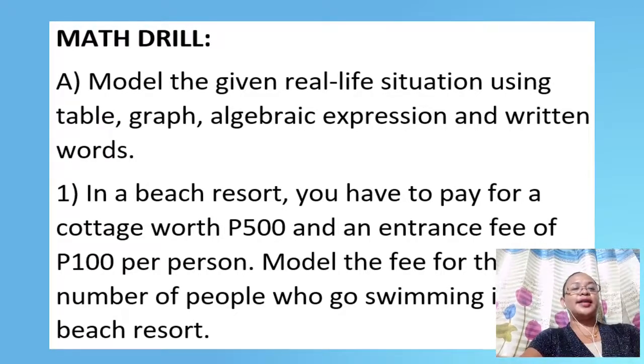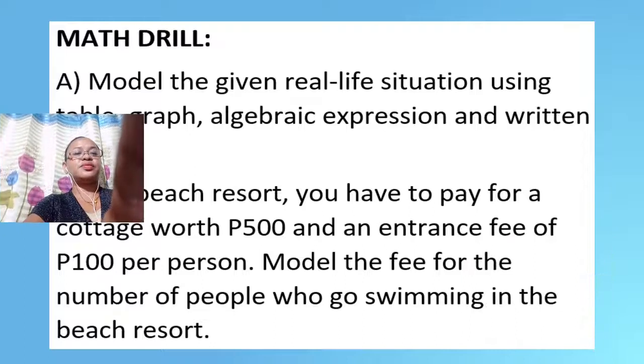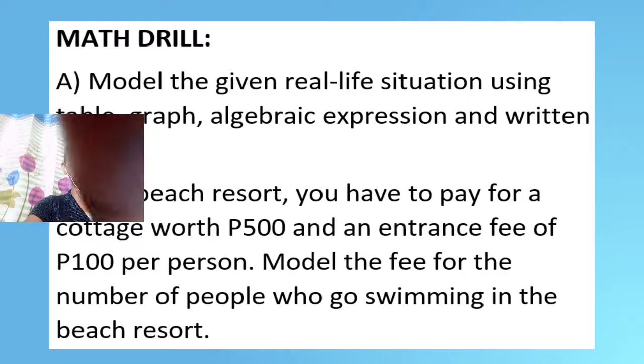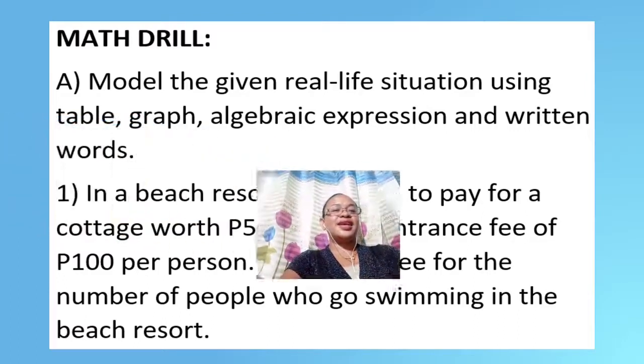Okay, number 1. In a beach resort, you have to pay for a cottage worth 500 pesos and an entrance fee of 100 pesos per person. Okay. Model the fee for the number of people who go swimming in the beach resort. Okay, you may answer that.